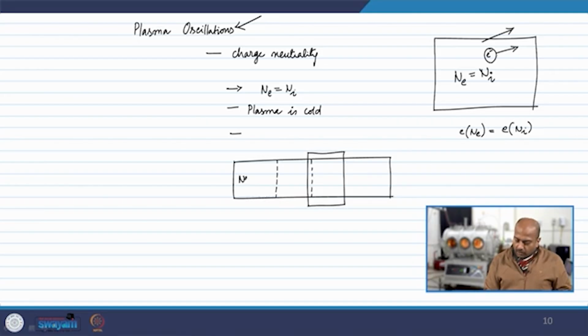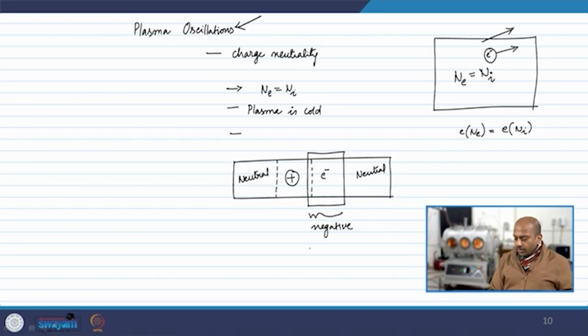Here it is neutral, and here again it is neutral. We have perturbed the system by moving these electrons from one place to another. So this region is of course negative overall, and this region is clearly positive.